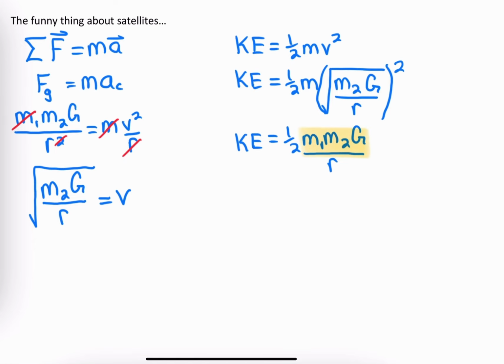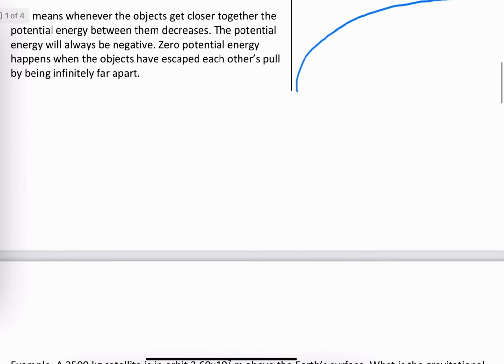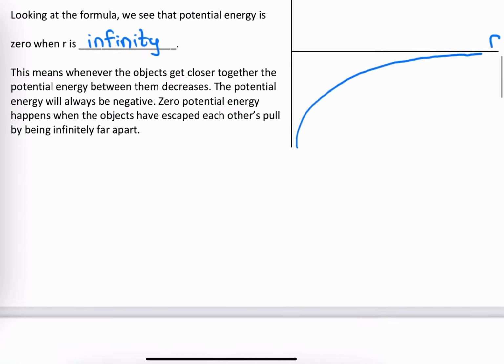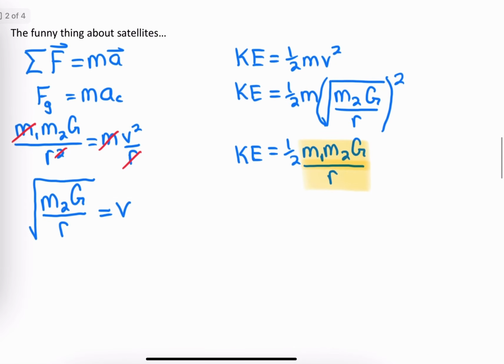m1, m2, big G over r. Here's our potential energy formula: m1, m2, big G over r with a negative in front of it. So one way we can look at it is that this part here is exactly my potential energy formula, but it's missing the negative sign.